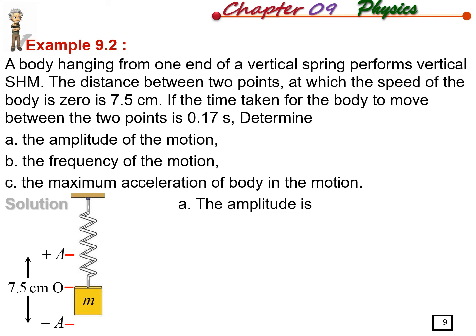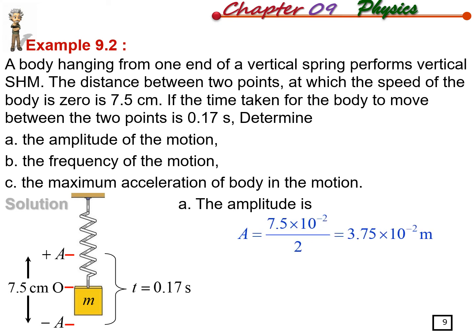So that means from negative A to positive A, and the time given is 0.17. Therefore what we can do is determine the amplitude by dividing by 2, because amplitude will be the maximum displacement from O to A, from the equilibrium position to A.